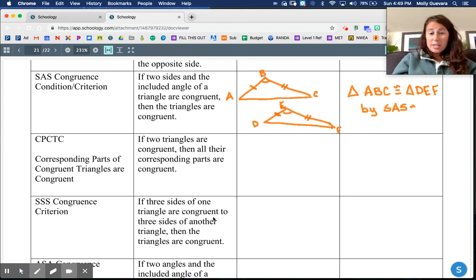The other condition that we're going to look at is side side side. It's the same idea.